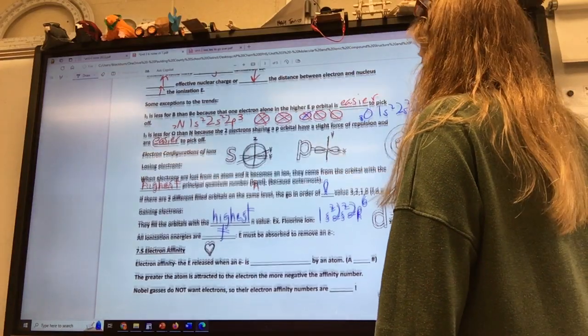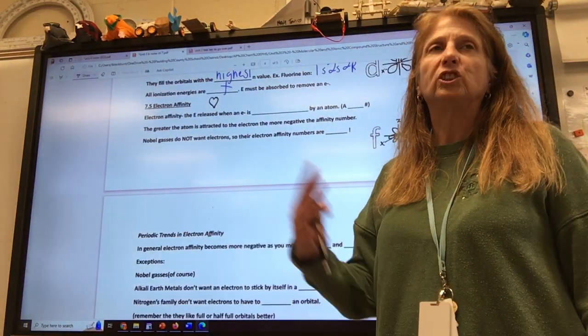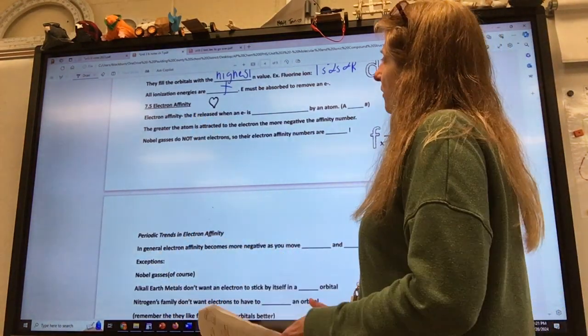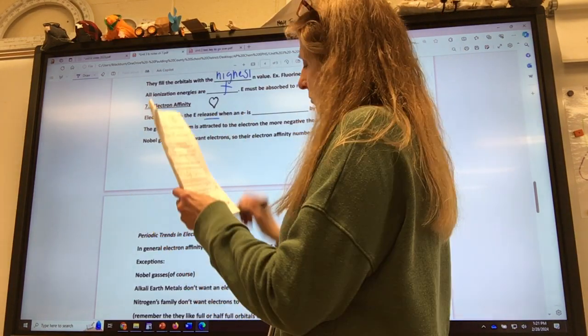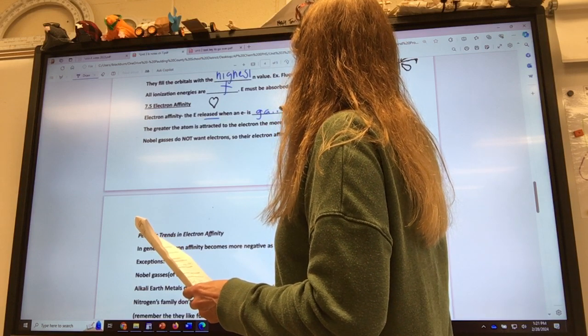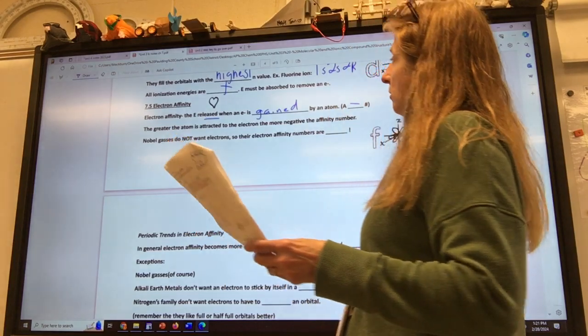Okay. Electron affinity. Affinity means to like. If I have affinity to chocolate, I like chocolate. Electron affinity is the energy released when an electron is gained by an atom, and it is a negative number.